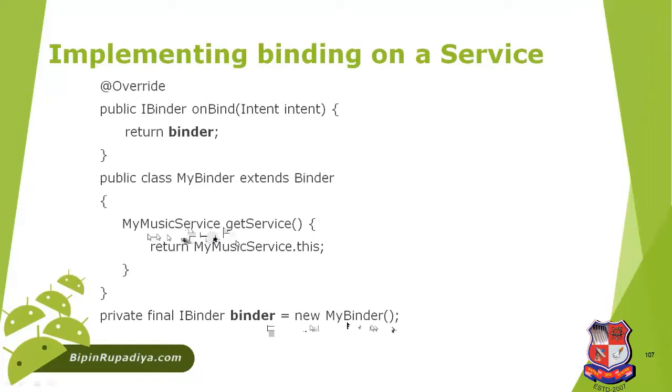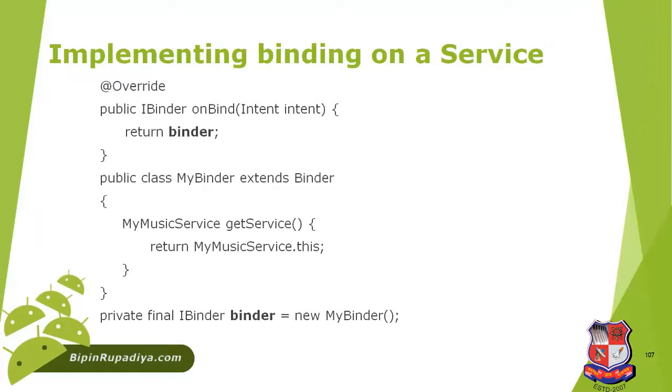So in short, MyBinder's getService will return the instance of our music service. Just see that we are returning it right here, MyMusicService.this. So what happened is the binder object has the reference of our service, so it will bind to the targeted component.